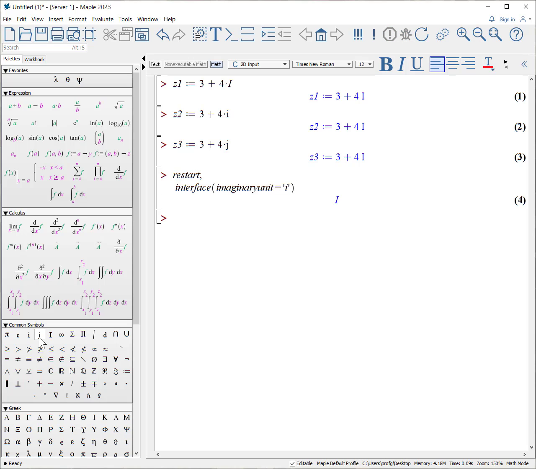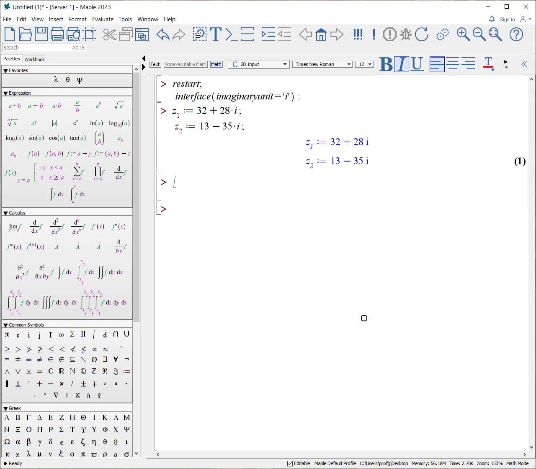So now it is defined as I. So if I say z1 colon equals 3 plus 4 times I, it will rewrite it as the little I, but again, not in the italicized format. I've created 2 complex numbers here using this change of the interface for the imaginary unit.